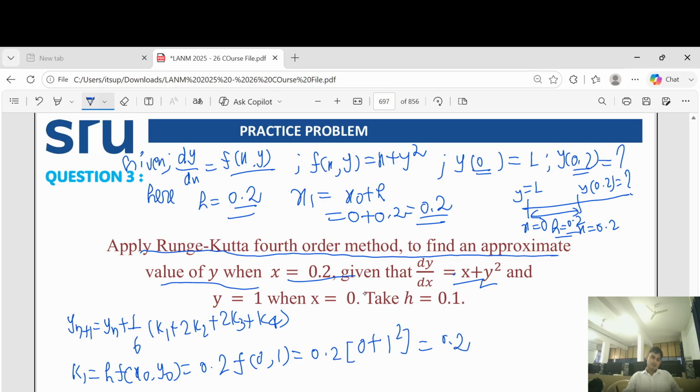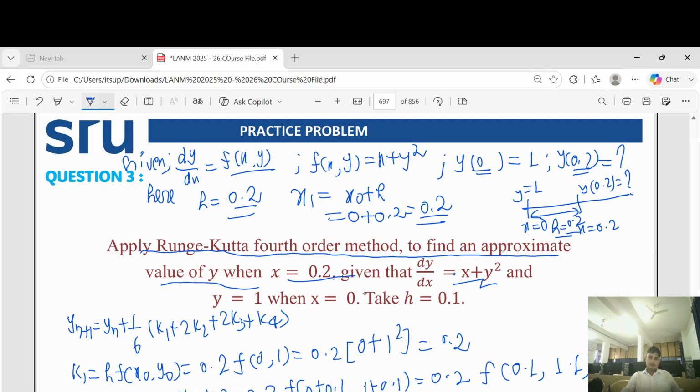So 0 plus 1 square gives k1 as 0.2. Now evaluate k2. k2 is h f of x naught plus h by 2 comma y naught plus k1 by 2. So this is 0.2 f of 0 plus h by 2, which is 0.1, comma 1 plus k1 by 2, which is 0.2 divided by 2, that is 0.1. So this is 0.2 f of 0.1 comma 1.1.